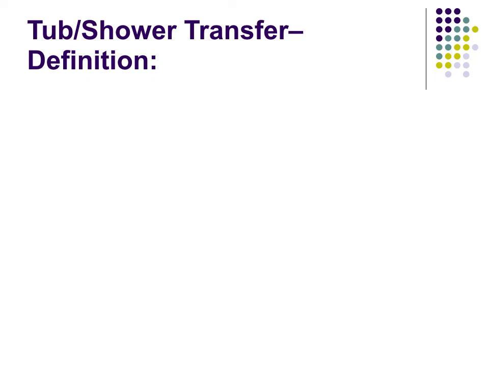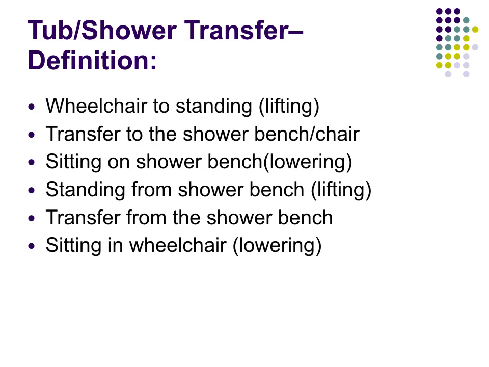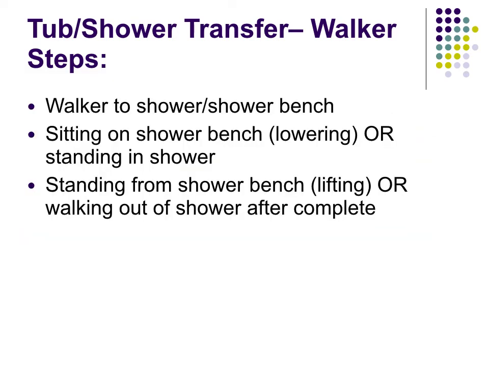The tub and shower transfer includes getting into and out of a tub or shower. The patient performs this activity safely. So the patient would go from the wheelchair to standing, transfer to the shower bench or chair, sitting on the shower bench, standing from the shower bench afterward, transfer from the shower bench, and then sitting in a wheelchair.